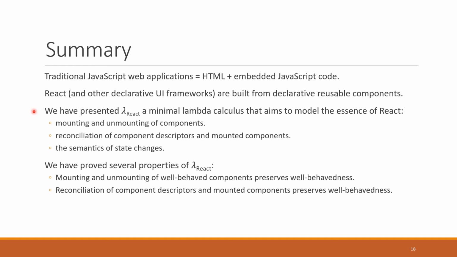And we have presented a minimal calculus lambda React that tries to capture the core of this React framework, which is mounting and unmounting of components, reconciliation of component descriptors and mounted components. And in the paper, we also talk about how to handle state changes. Finally, we have defined this notion of well-behavedness. And so if we have well-behaved components, then mounting and unmounting will preserve well-behavedness, and reconciliation will also preserve well-behavedness, and these processes will terminate.